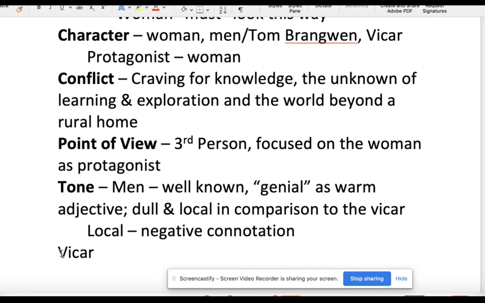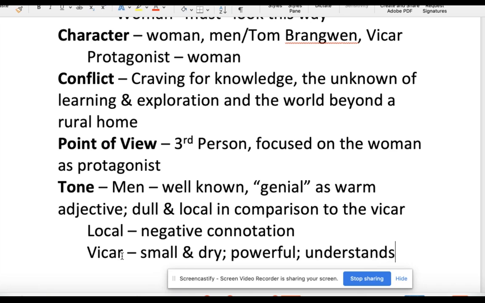And if we think about tone towards the vicar, that's sort of an interesting one because in some ways he's small and dry, but he's powerful and he also understands something. The woman, the men, do not. And that knowledge gives him power.